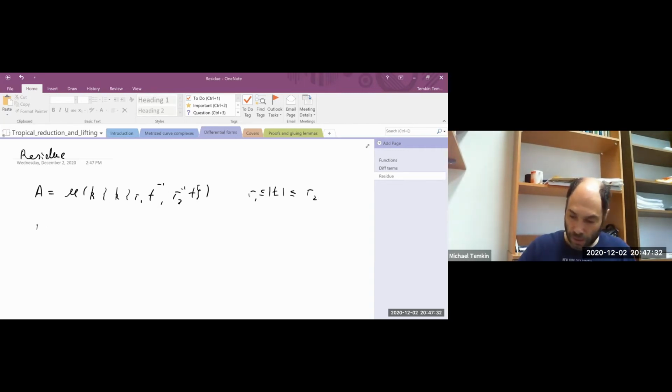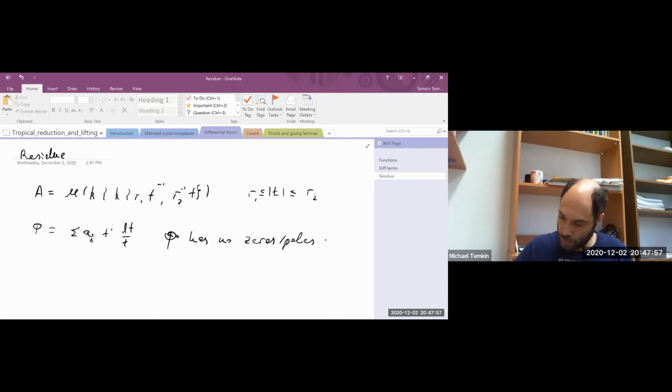And then a differential form on such a space is given by the sum of a_i t^i dt/t. I also use here the logarithmic shift of indices. And assume that φ has no zeros or poles on the annulus. Then first of all, there is a resistant n such that the absolute value of φ equals the absolute value of a_n t^n on the skeleton.